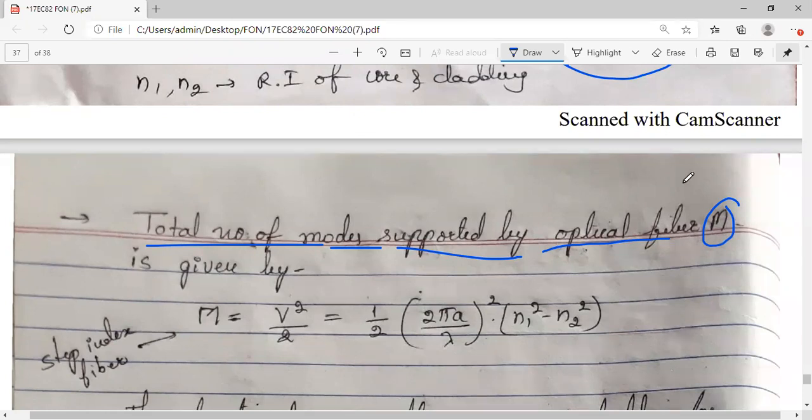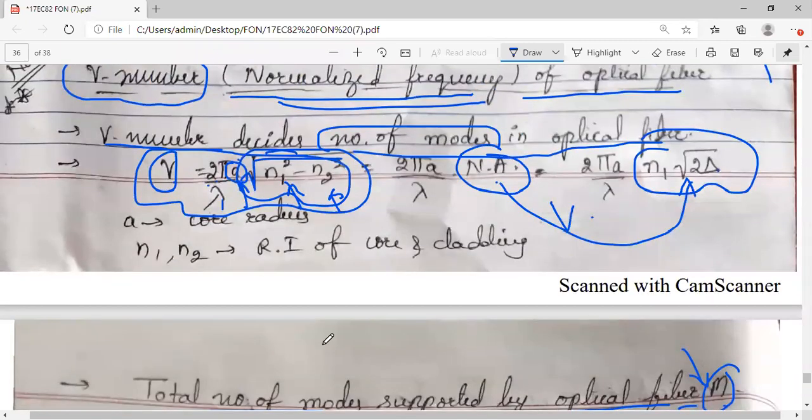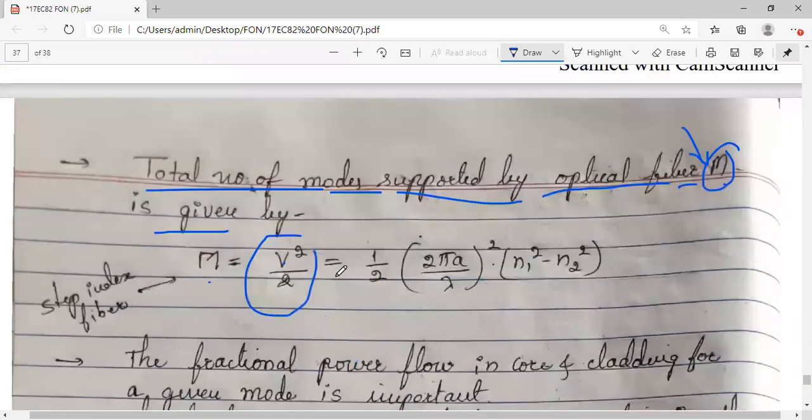So this capital M is for multi-mode, and this equation is helpful for classification. The total number of modes supported by an optical fiber, capital M, is given by M equals V square by 2, where V is your V number, that is the normalized frequency. So it is just half of V square. This is about the V number, the normalized frequency, and the number of modes supported by an optical fiber, capital M.